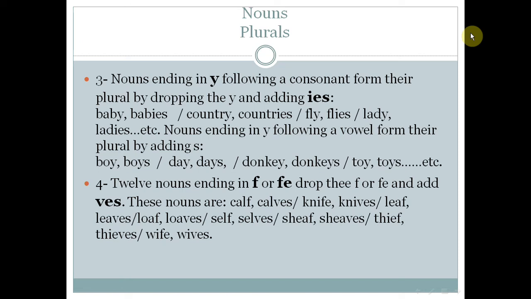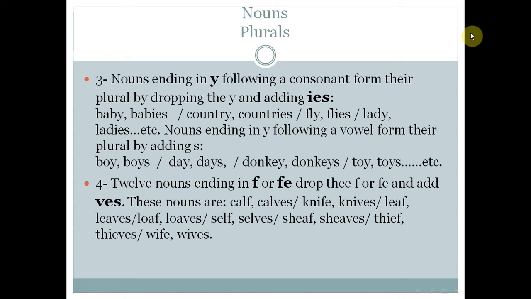So if we have a countable noun that ends in Y, and before Y there is a consonant, not a vowel, we drop the Y and add IES: baby, babies, country, countries, fly, flies, lady, ladies, city, cities.